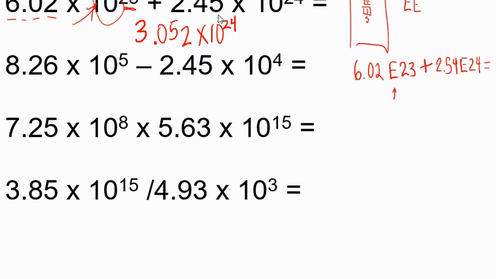You're going to hit that EXP key at the bottom, and then you're going to type in 23. Then you're going to hit plus. And then your 2.45. And then that exponent key again, and then 24. And then you should get that as your answer. If you don't, call me over.